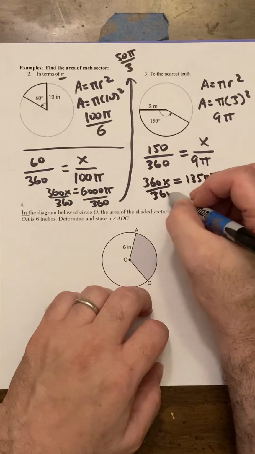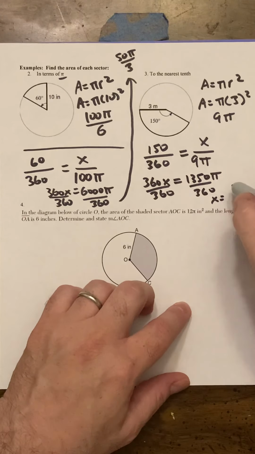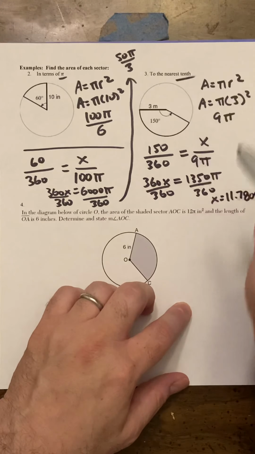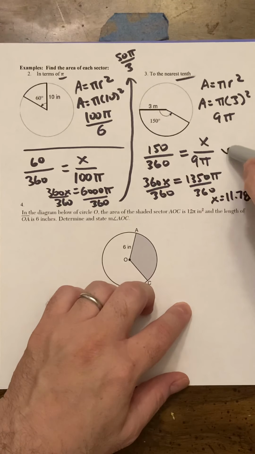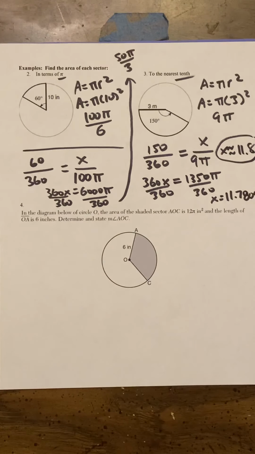Divide both sides by 360. And you're going to get 11.70897809, I should say. And if you round it to the nearest tenth, the sector area is approximately 11.8.